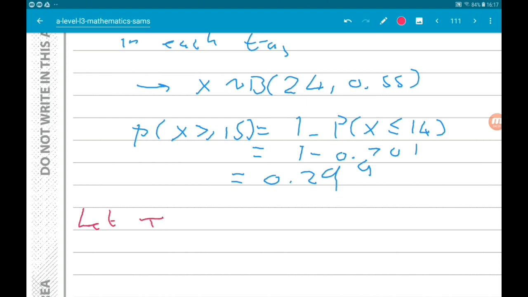So let T be the number of trays in which 15 or more seeds germinate.